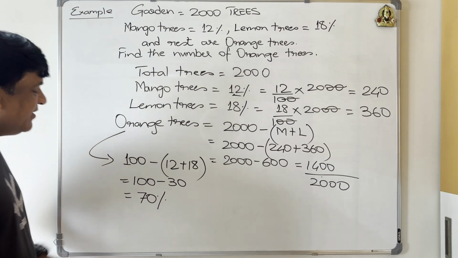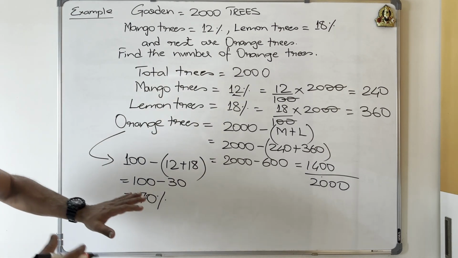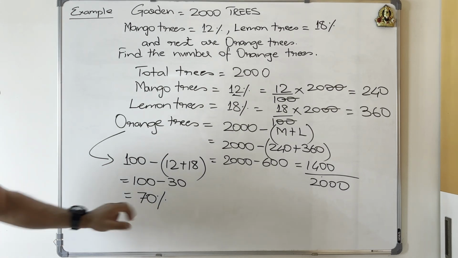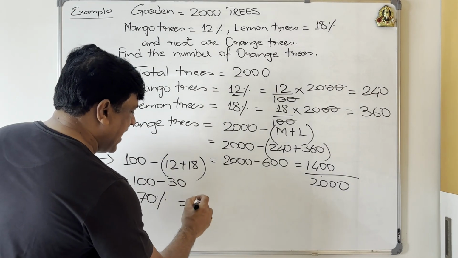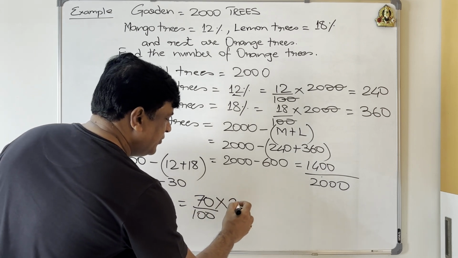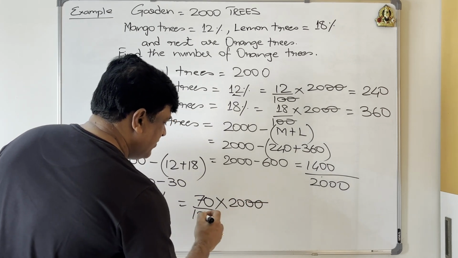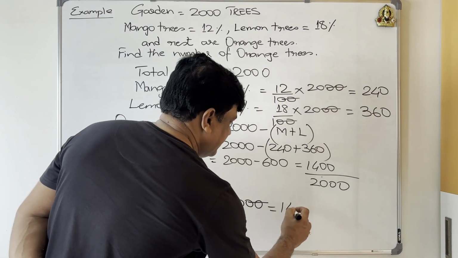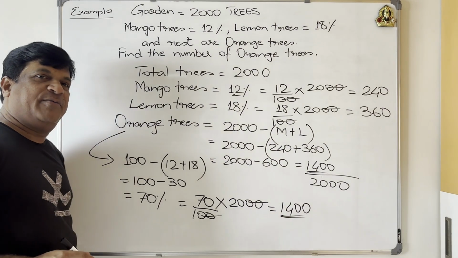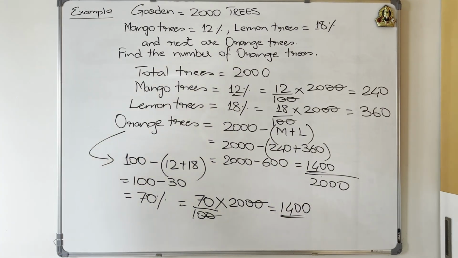That is the percentage of orange trees which are there in that particular garden. Now, if I use 70% and calculate 70 divided by 100 out of the 2000 trees which I have, look at it, I get the same answer, 1400. Do you get the same answer? That's how you solve the problems. Keep it very simple.